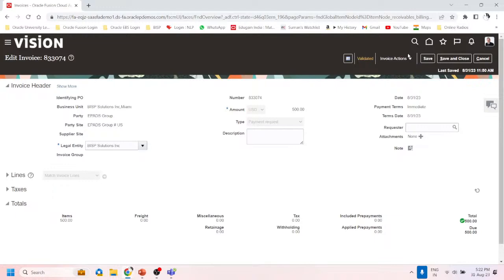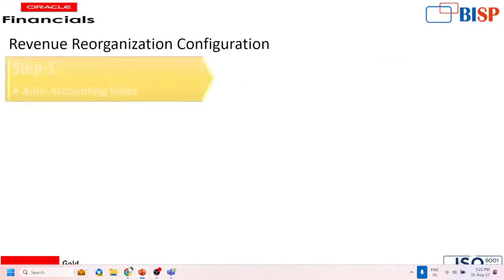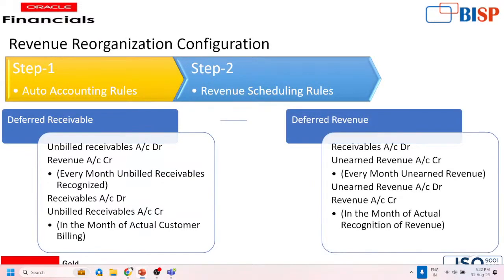Now moving to the second agenda of the webinar, revenue recognition, configuration and process. So let us navigate to that. The revenue recognition in the account receivable involves changing the way a company recognizes the revenue from its account.